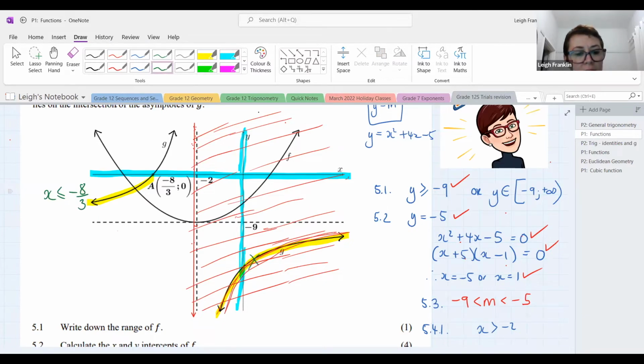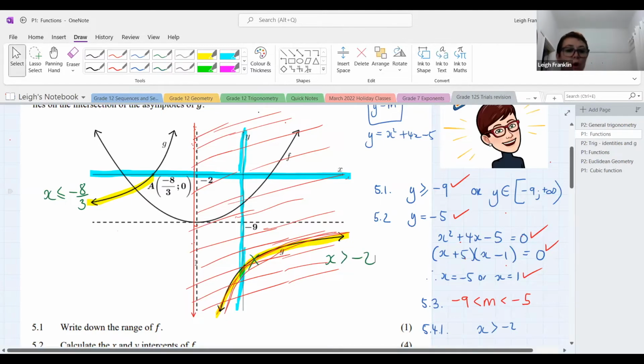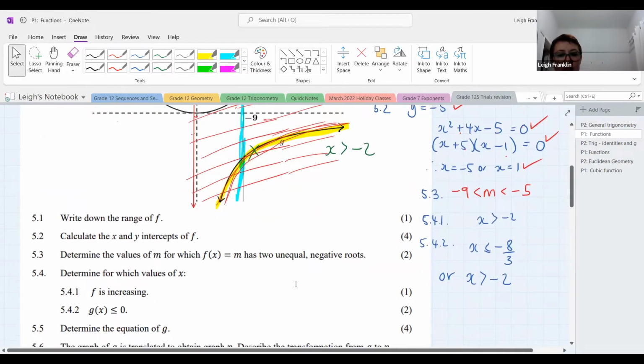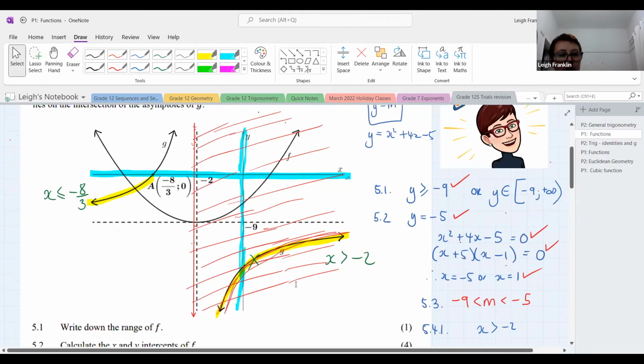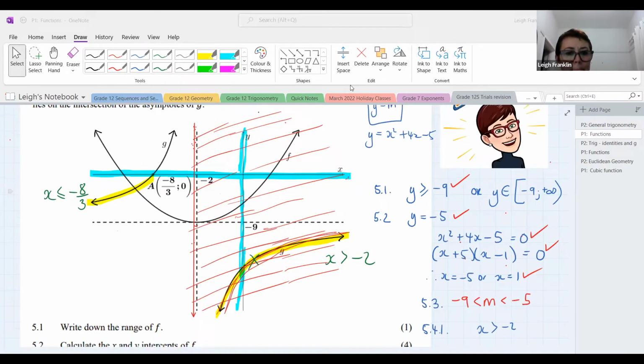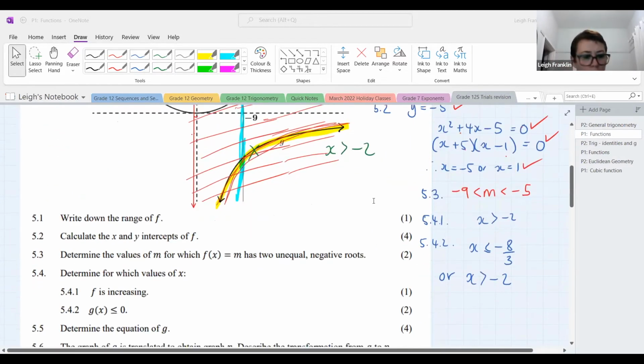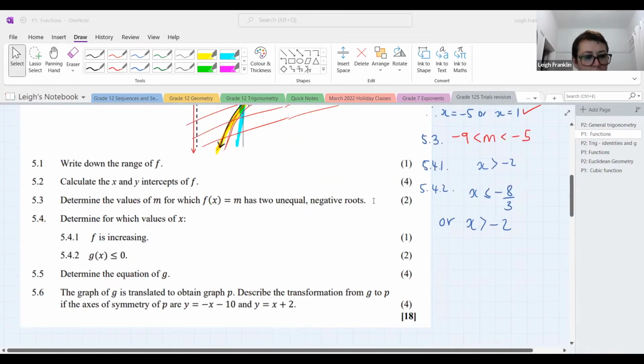This bit over here is where x is greater than -2. So we've described both in our answer. Okay, Michelle? Good stuff, everyone.